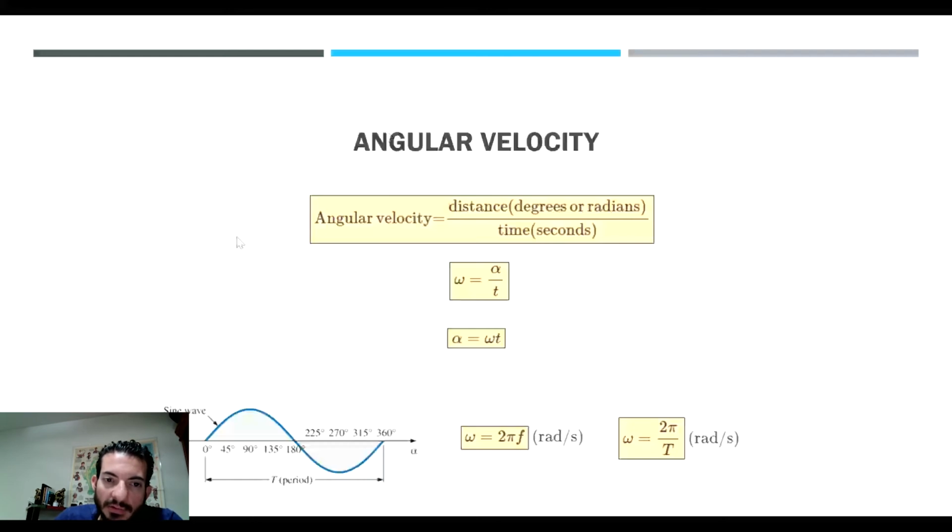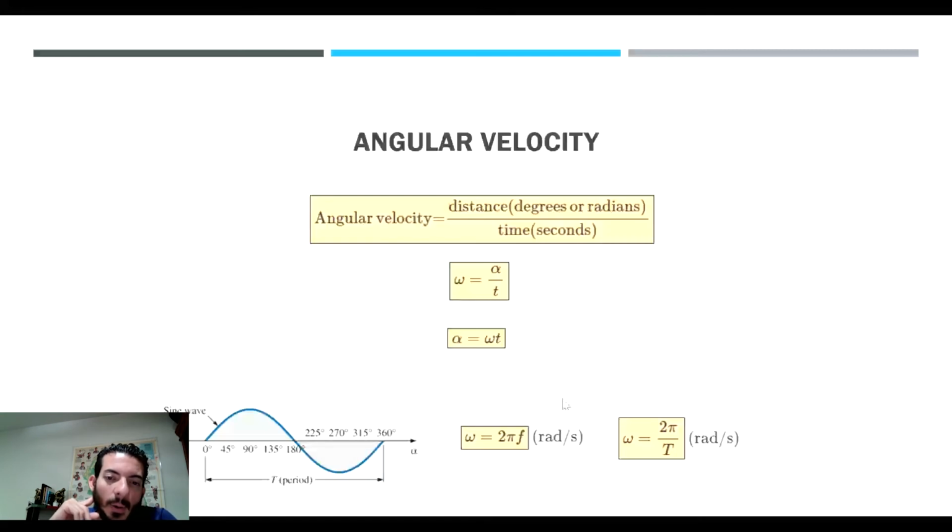The angular velocity is expressed as omega. It's often called angular velocity, and alpha is the distance in radians. Time is lowercase t. So if you want to know the distance traveled within a circle, you simply have to do omega times t, right?